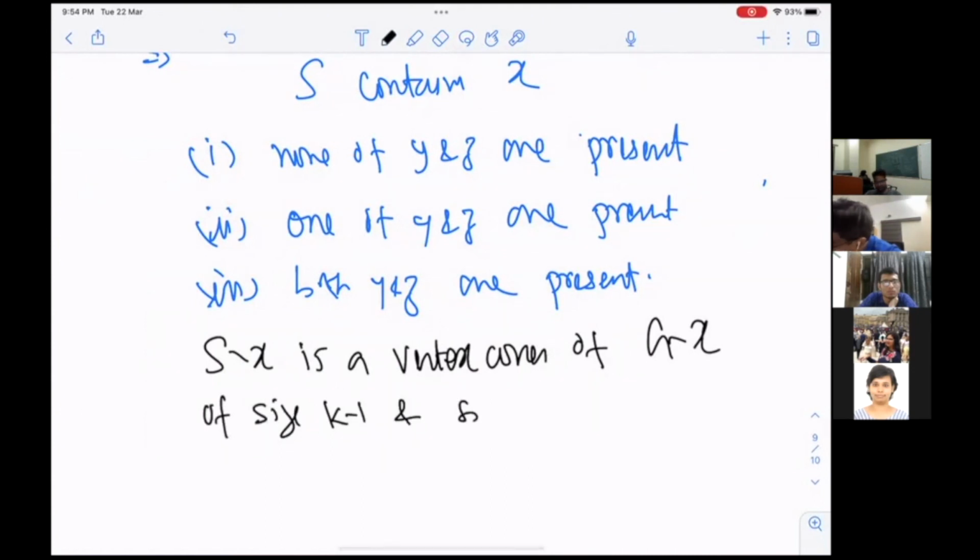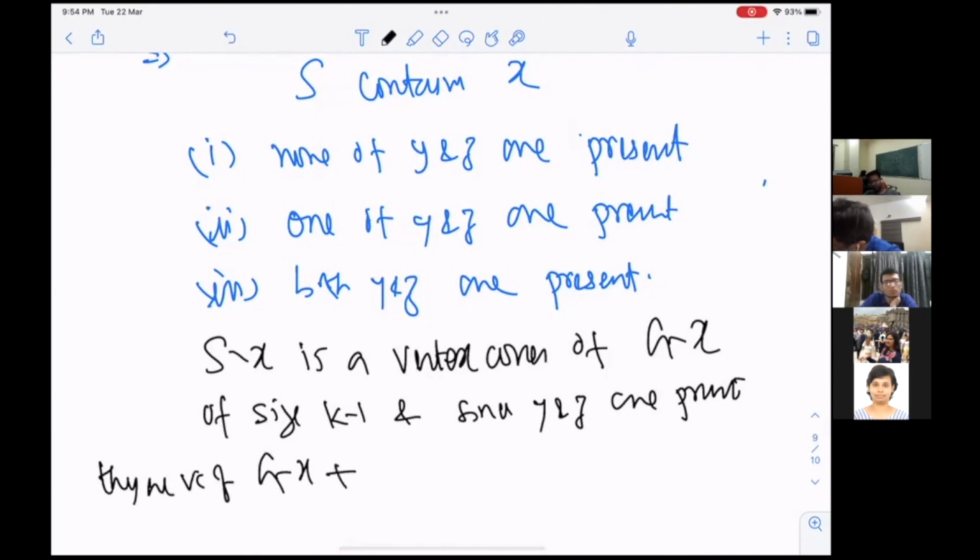And since Y and Z are present, it is also a vertex cover of G minus X plus the edge YZ, of size K minus 1. So the forward direction, at least in this case, is fine.